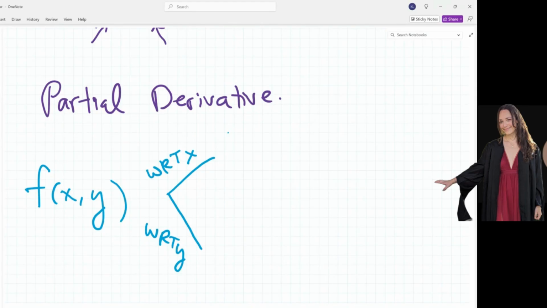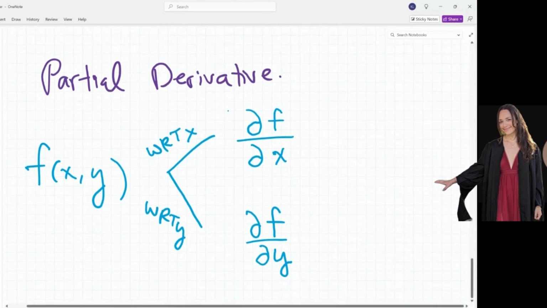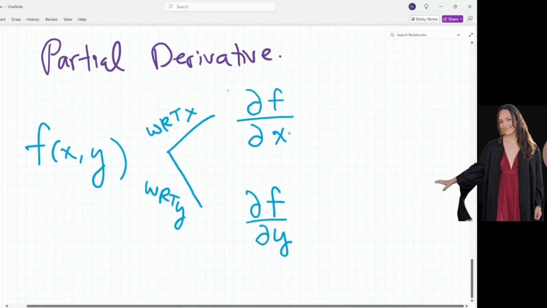How is that going to look? If we differentiate with respect to x, we actually use partial derivative notation. Instead of a regular d, we now have this symbol instead. So we would do df over dx, and here we'd have df over dy. This indicates that we're only taking the derivative with respect to x or with respect to y.